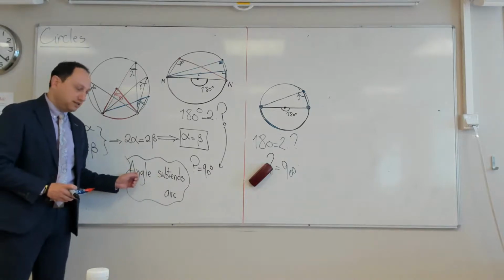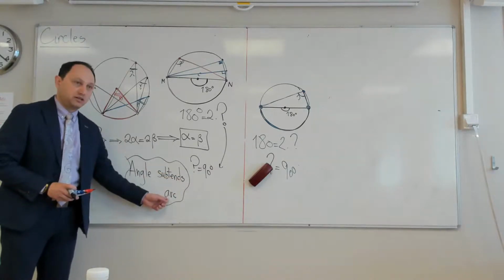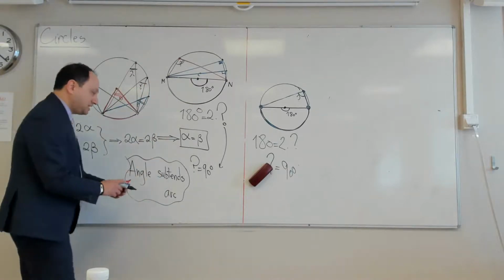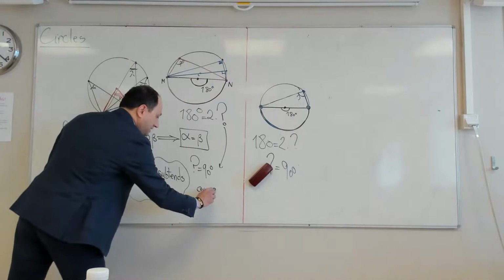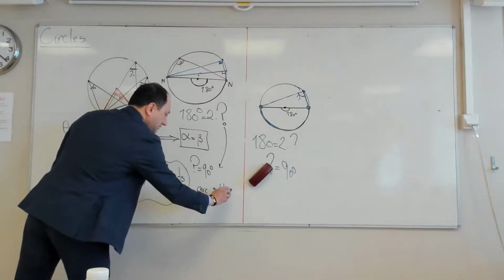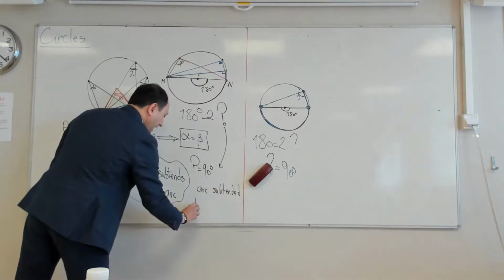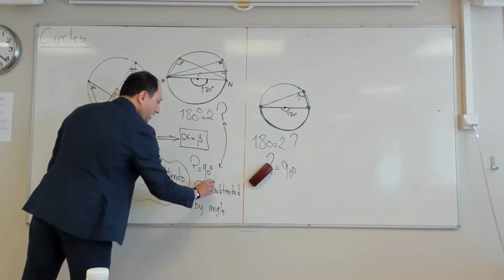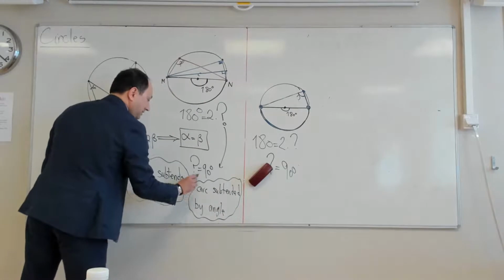Yes, I also believe that this is correct. So angle subtends arc. But now I am automatically telling it in the right way. I am saying arc subtended by angle. I was confused when I started, but suddenly automatically I told the truth.